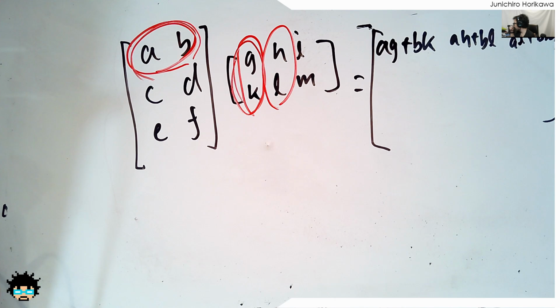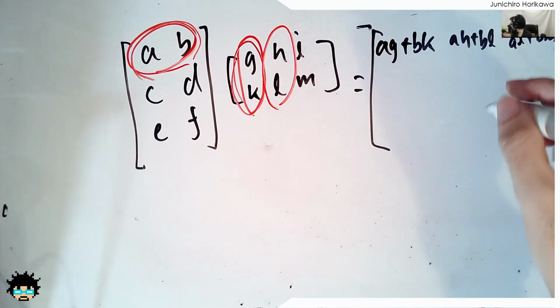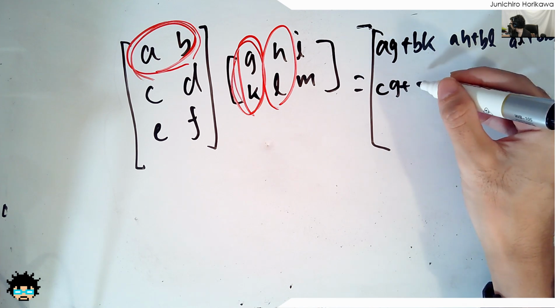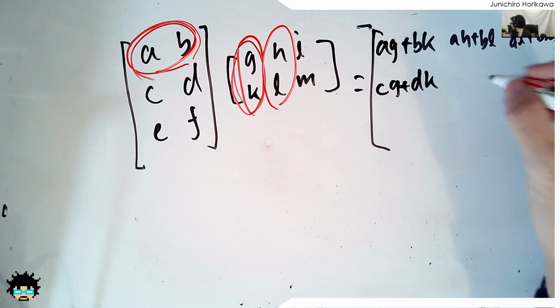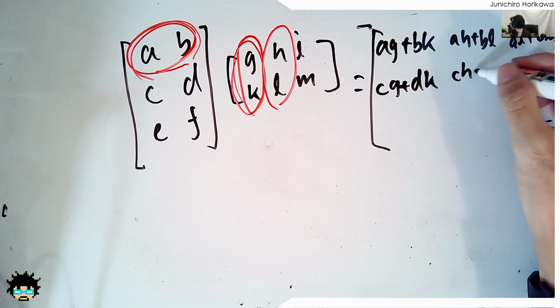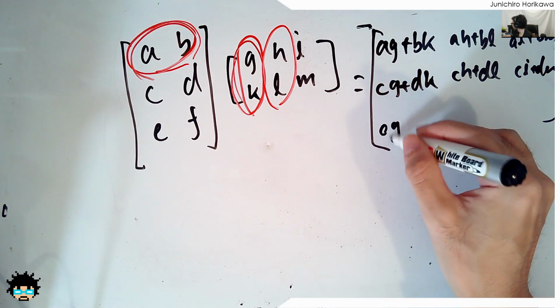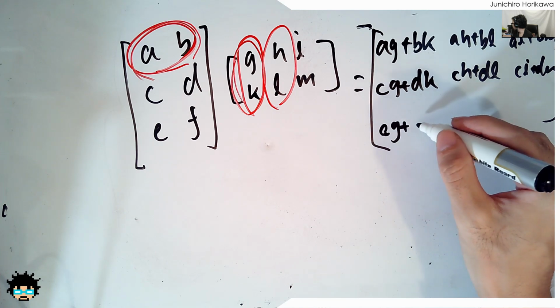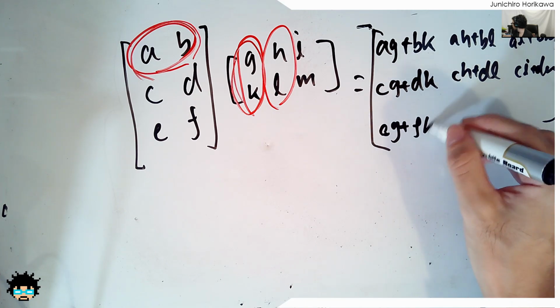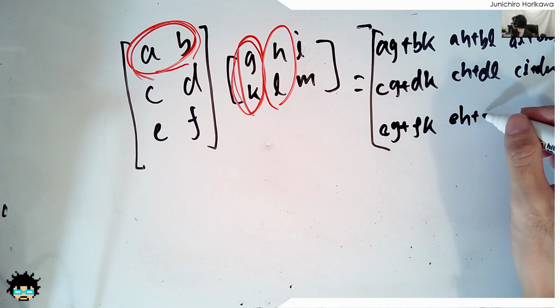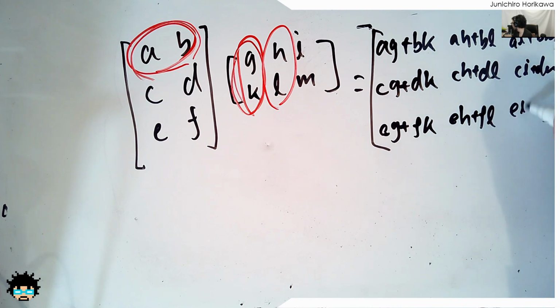Okay, and do the same for the other values, like this one is CG plus DK, CH plus DL, CI plus DM, EG plus FK, EH plus FL, and EI plus FM.